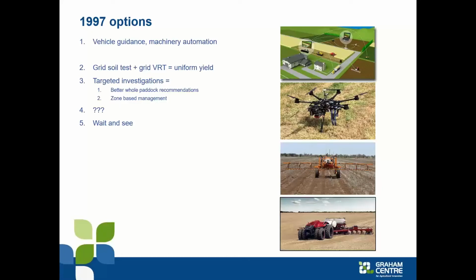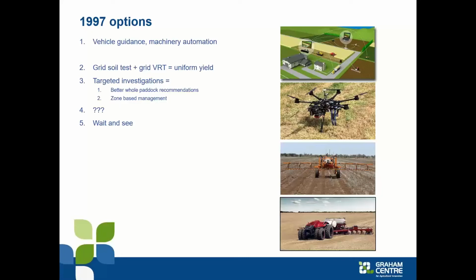So going back to those 1997 options and identifying some of the variability, there are obviously some logistical aspects that we could manage much more efficiently using GPS. Vehicle guidance and machinery automation technologies were pretty much instantly on the scene, and they've continued to develop quite amazingly over that time.